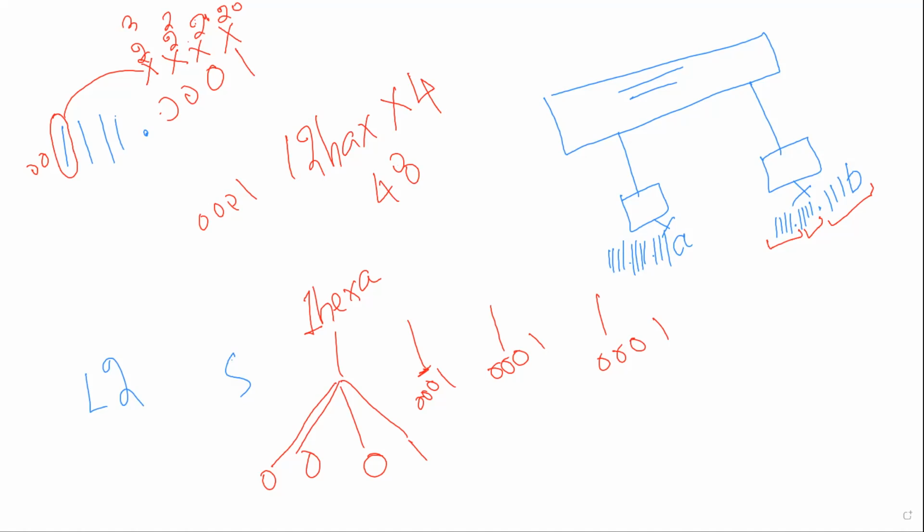So it could be any combination from 0 to 9 and A to F. If I'm writing one MAC address, for example, ABCD, 4 hexa, dot 111A, dot 111B. This is one MAC address.